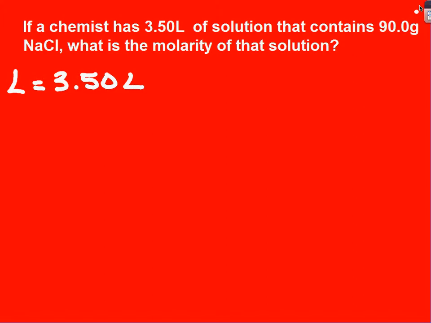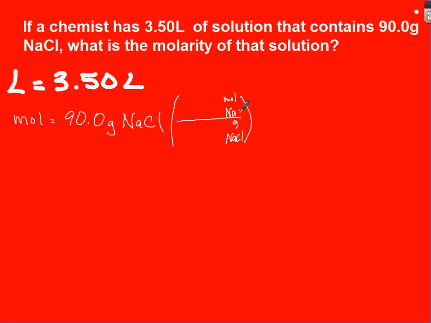I can take the moles, which would equal 90.0 grams of sodium chloride. And then I've got sodium chloride on the outside. Where does it go on the inside? The bottom. So got grams of sodium chloride going to moles of sodium chloride.